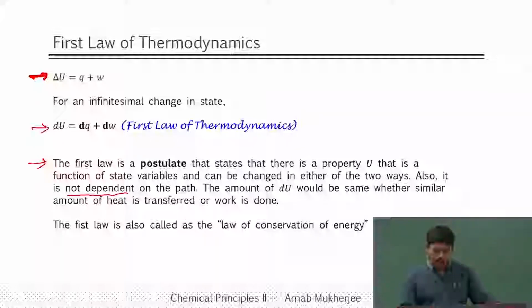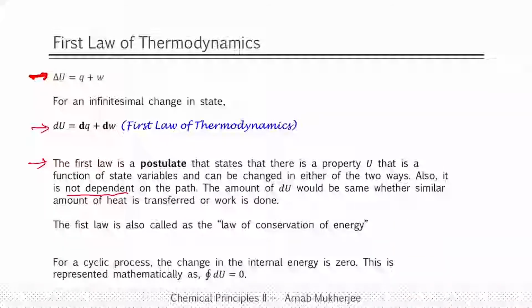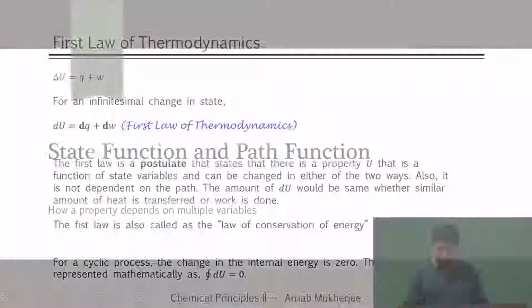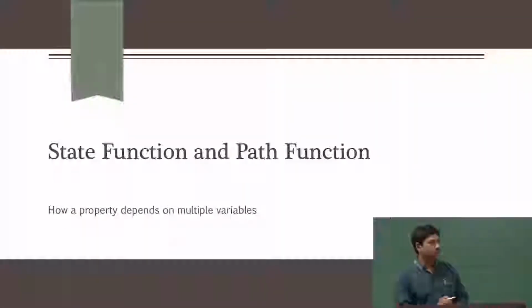We also know that it is a law of conservation of energy, and because it depends on the state, whichever path it takes, when it comes back to the same point, the change will be 0. So today we are going to discuss state function and path function.